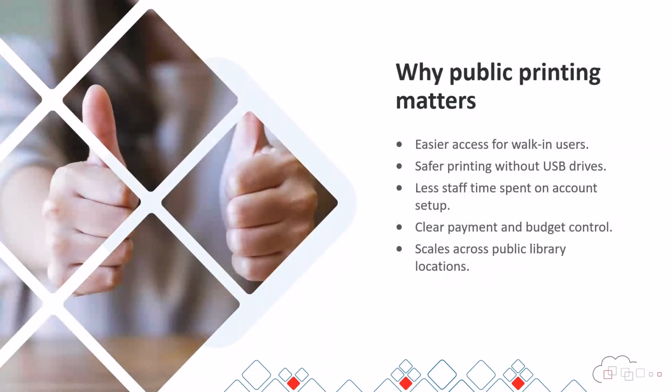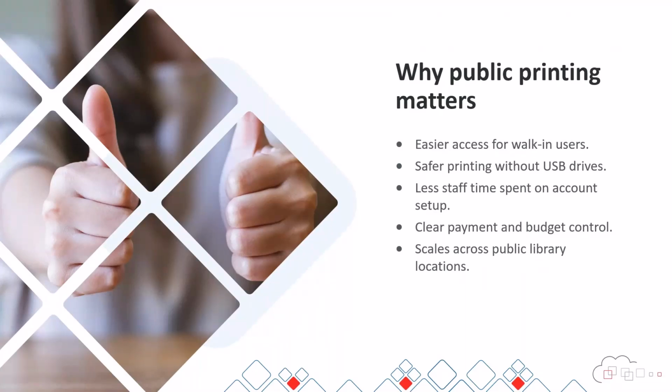For me, this is where the value becomes really clearer. For users, the service is easier to access because they can register, submit jobs, and release documents in a more self-service and efficient way. For the library staff, it reduces time spent helping with basic account setup, which can be laborious, and print submission.